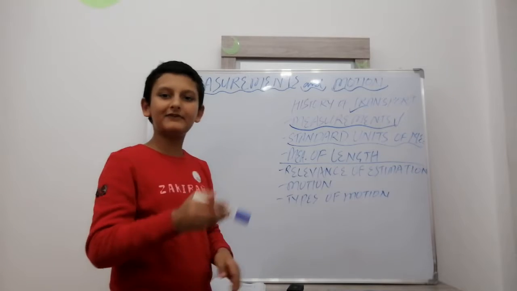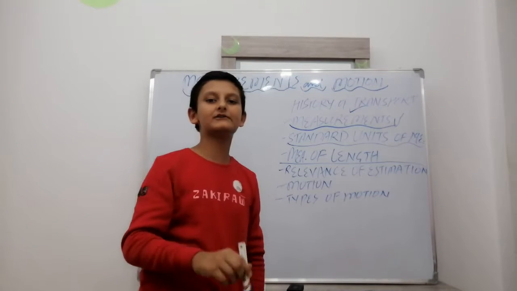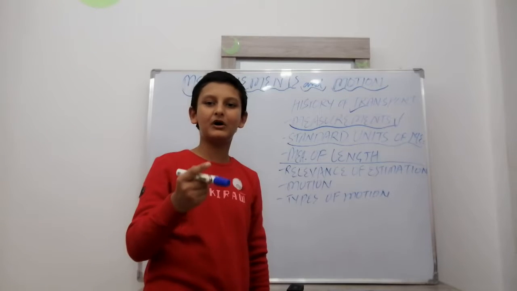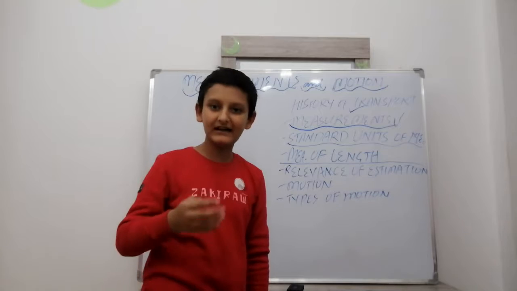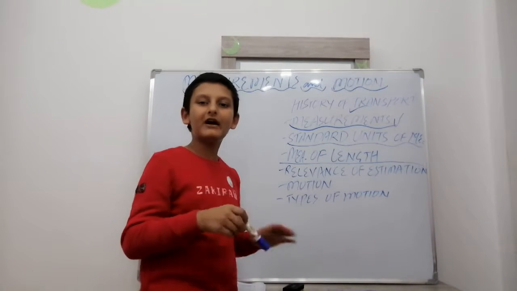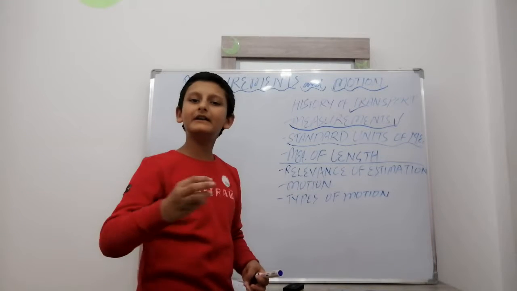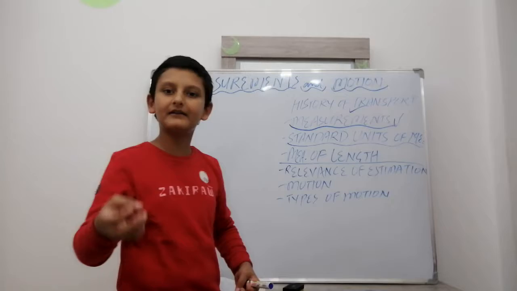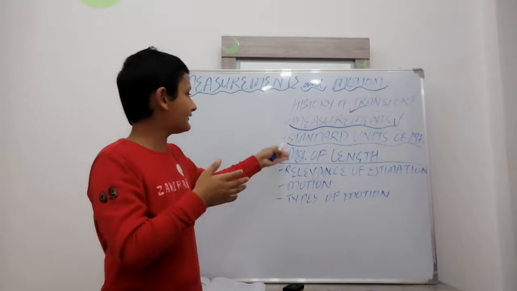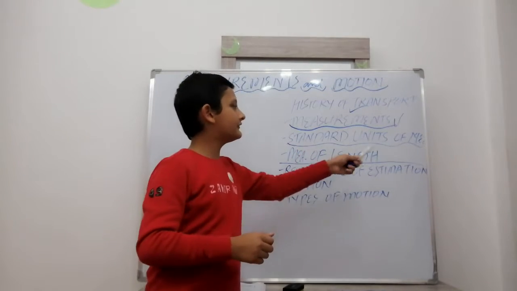So for everyone to unite, everyone used only one unit of measurement, known as the International System of Units, or SI units. While they were using SI units worldwide, the scientists could communicate their results or experiments to each other. So this helped a lot with standard units of measurement.